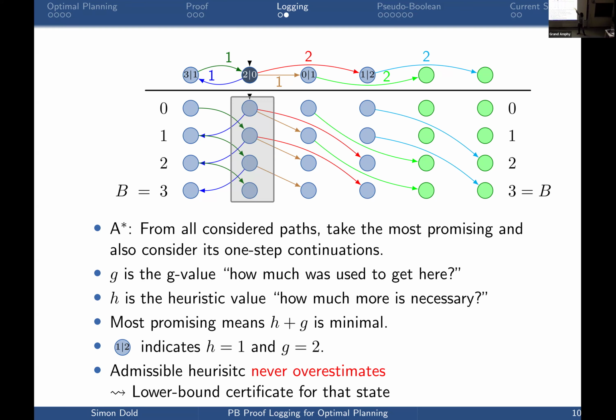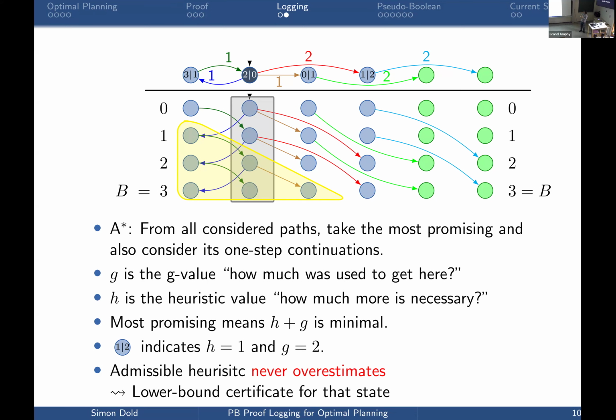And that's the case for all higher cost variants of the state. Okay, and now I have 3 new paths that I consider. And for each of them, I have this G value, which is instantly computed. And I have these H values. And for each of them, I require proof again.